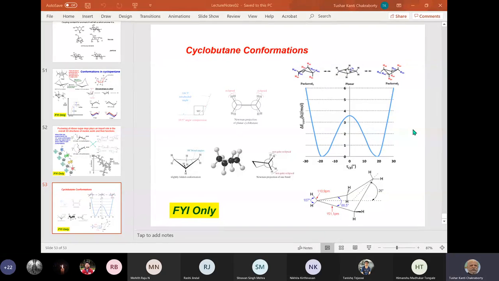Sometimes you have to decide, if one carbon is having methyl and bromine, which one will occupy the equatorial position more favorably. You can say that methyl should occupy the equatorial position and bromine should be axial because it gives less 1,3 diaxial interaction.